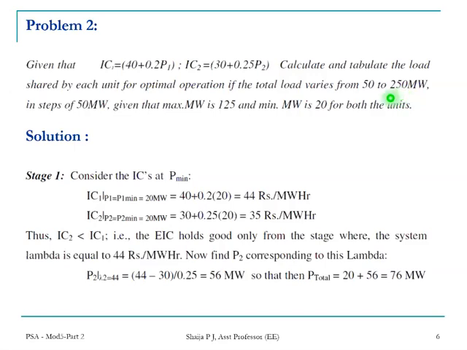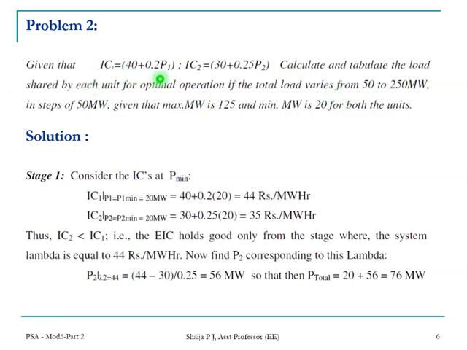The equation for IC1 is 40 plus 0.2 P1. So consider the ICs at P minimum. The minimum was 20. If P1 is 20, what will be IC1?